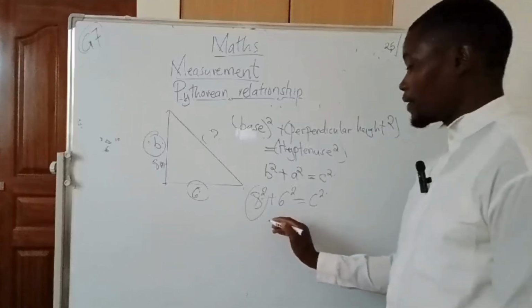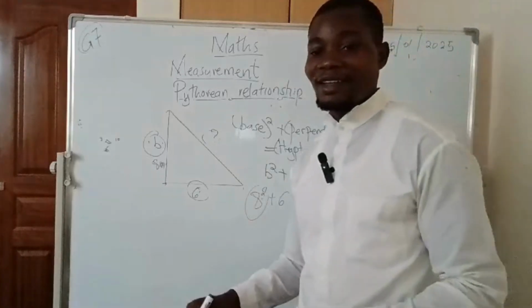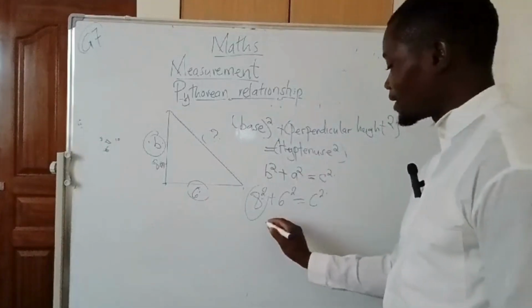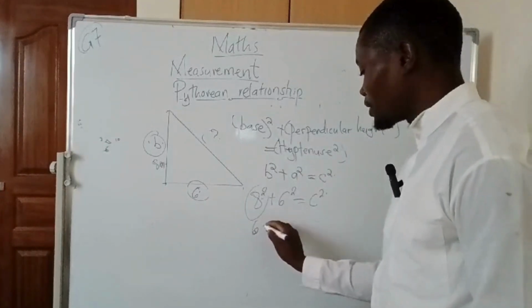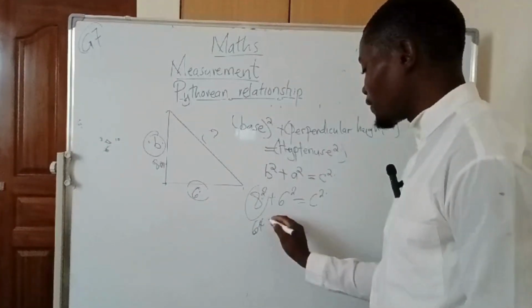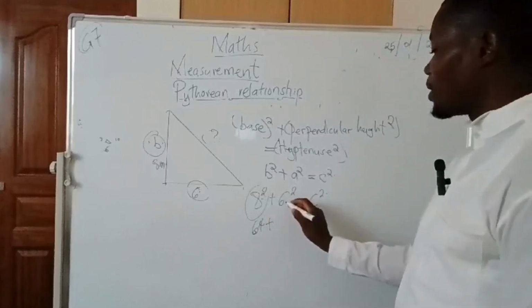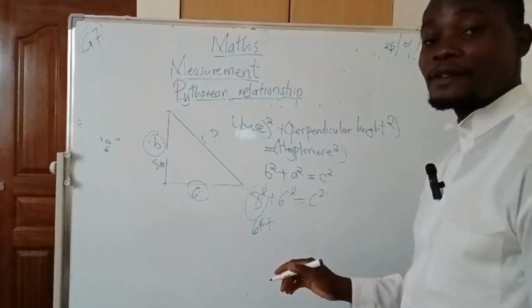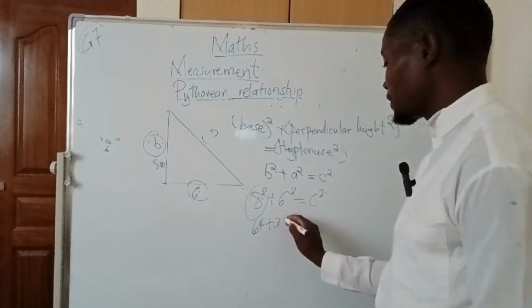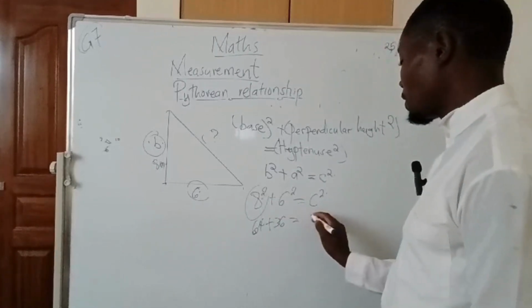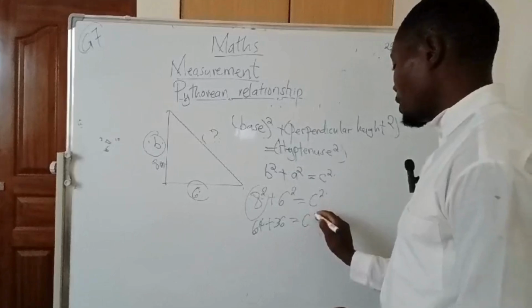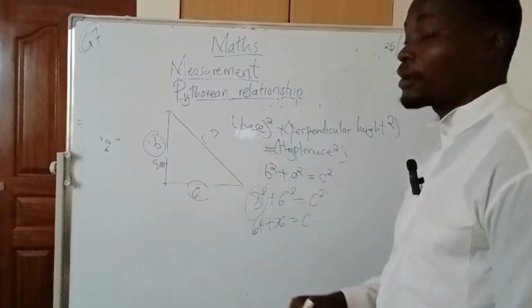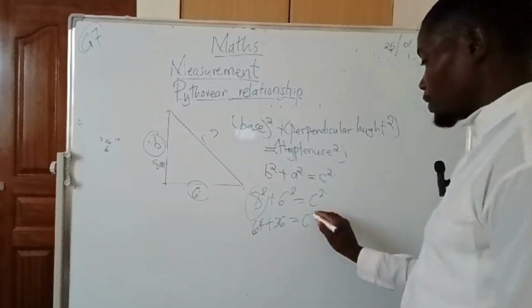Now, what is 8 squared? Good, 8 squared is 64. How about 6 squared? 6 squared is 36. Then that is what we find for the hypotenuse squared.